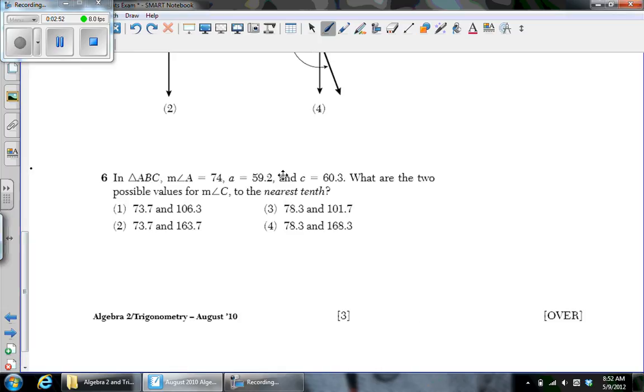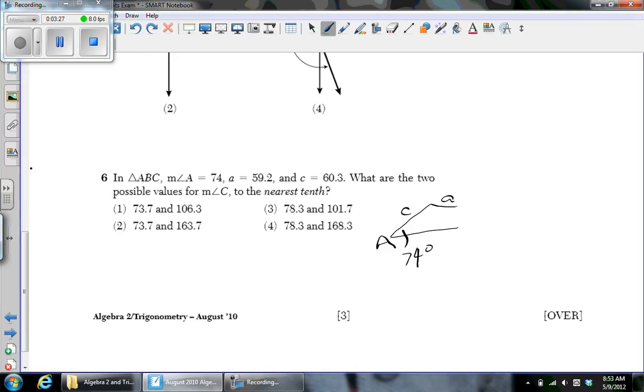Number 6. Alright, so here, what are the two positive values for c to the nearest tenth? You have the ambiguous case. We're going to look at that in a second, so let's draw this out. This is angle A, it's 74 degrees. And this is going to be side a, and we'll call this side c.